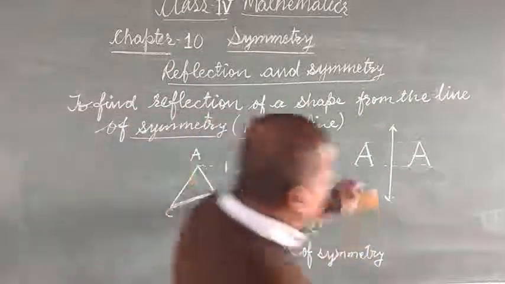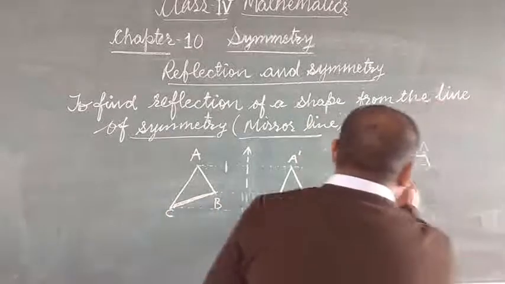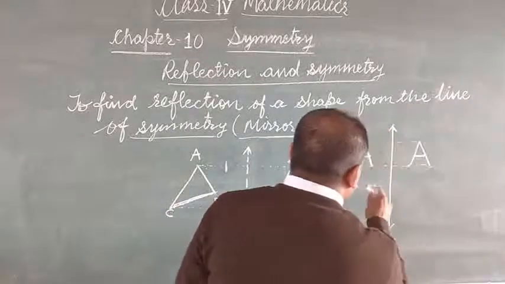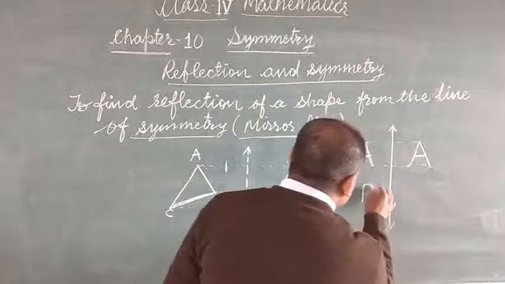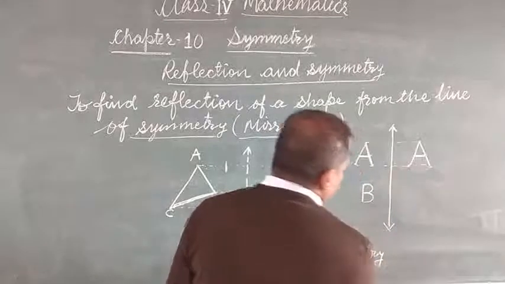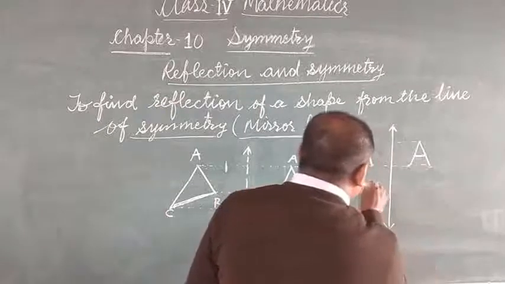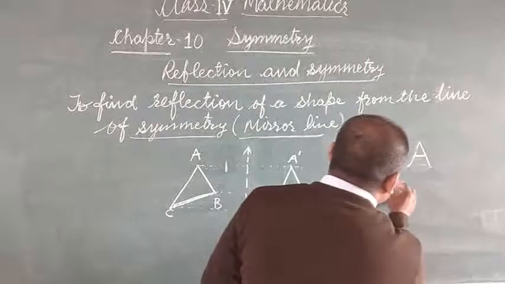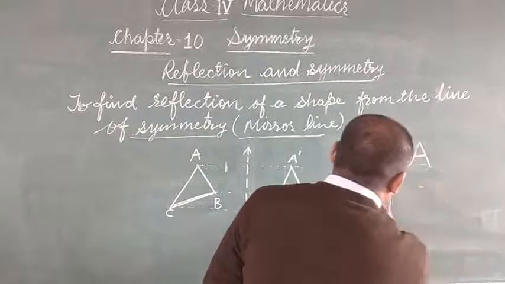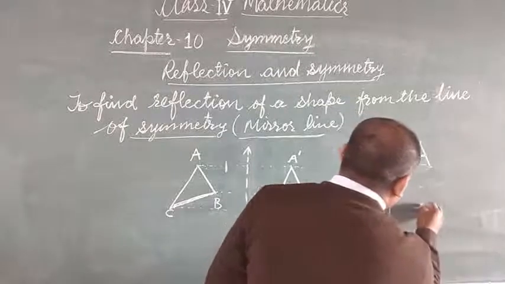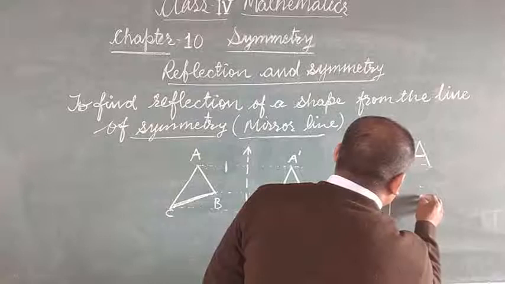If we have to get the reflection of letter B, then see. We draw B. So we will find this point and the same distance we will take this side. And for this we take this side. Now for this we take here.